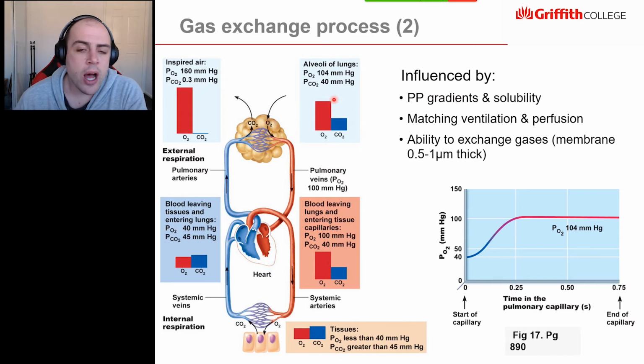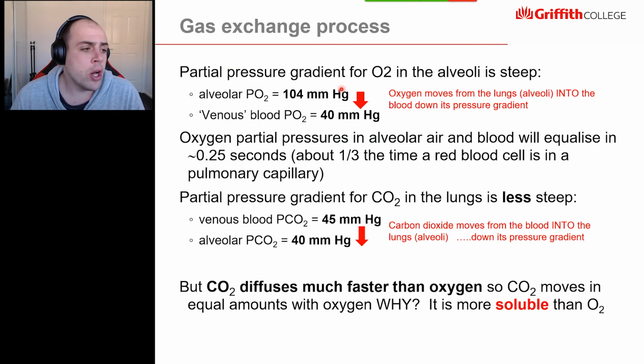Okay, and to be clear, guys, I do not expect you to memorize any of these numbers. I do not care that you memorize the fact that alveolar partial pressure of oxygen is 104 millimeters of mercury. It is not a priority.